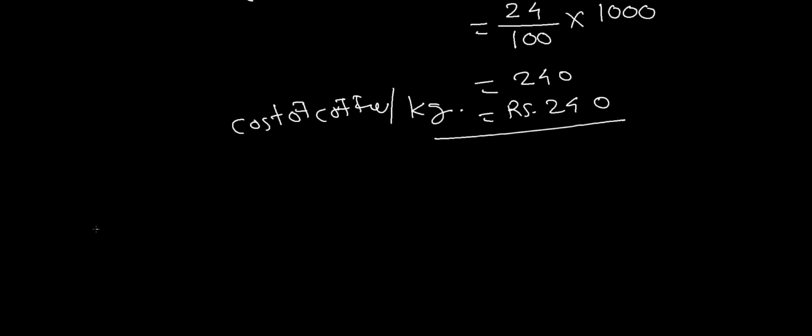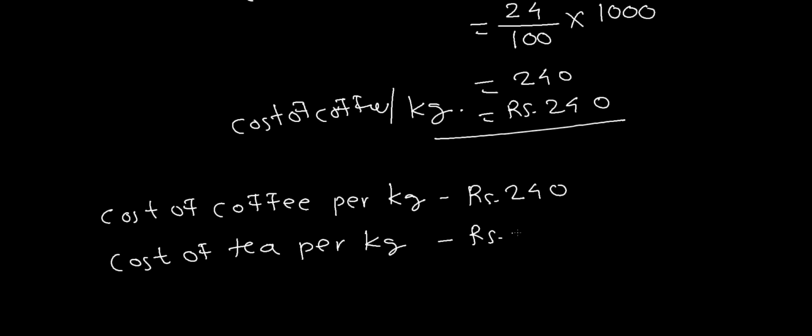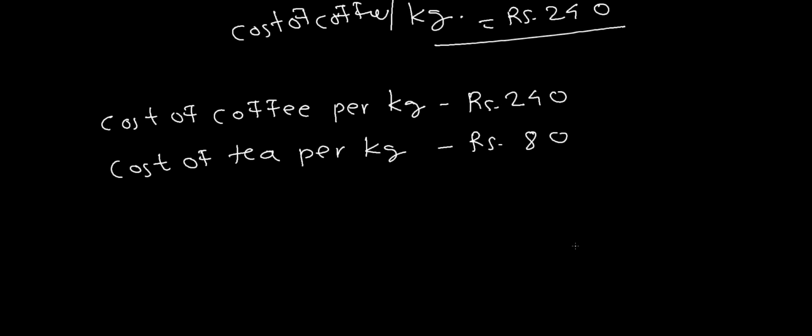So now we have clearly got that the cost of coffee per kg is rupees 240 and the cost of tea per kg is rupees 80. Now we have to find the ratio of price.